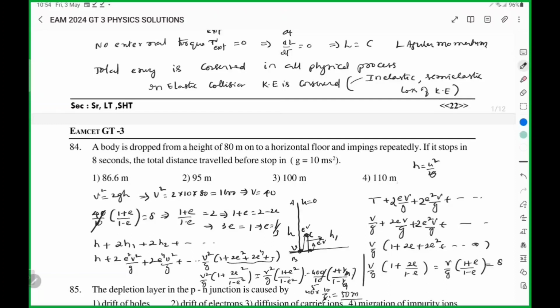Option is not there, so let us change it to 15 meters. V is how much? 40. So one more zero will come. V square by g is 400 into 10 by 8, so it is 500 meters.